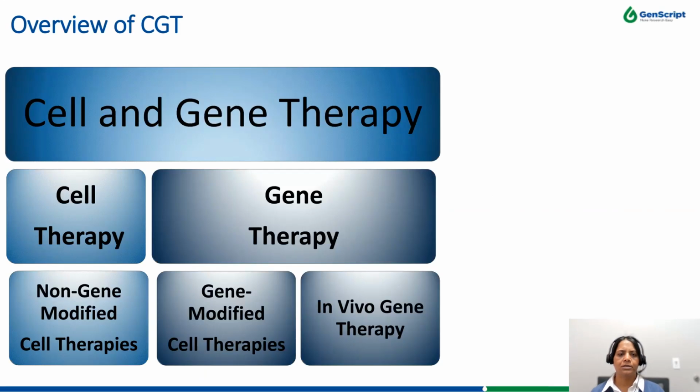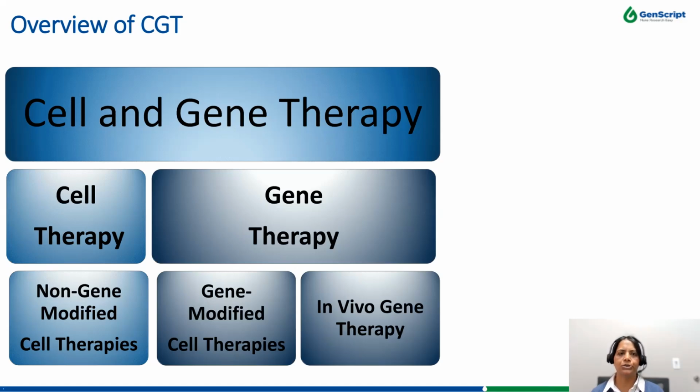So let's start with the overview of cell and gene therapy. Cell and gene therapy are advancing personalized medicine, aiming to treat or cure disease. While they have the same goal, they use different methods. Both therapies use gene editing to change a patient's DNA by adding, removing, or altering a specific gene to treat genetic disorders.